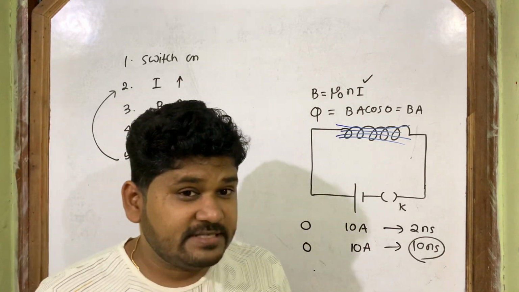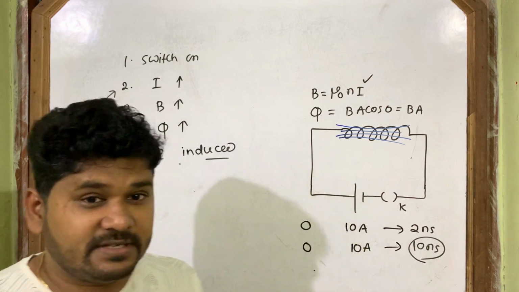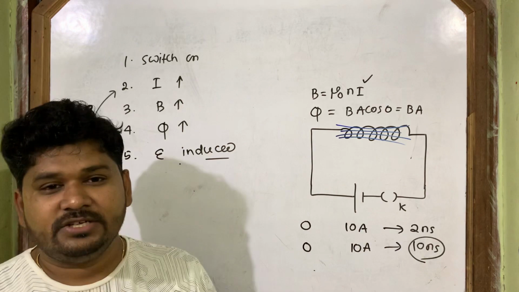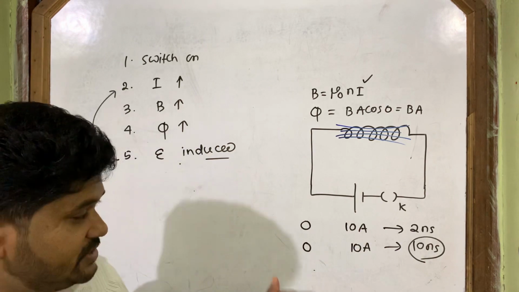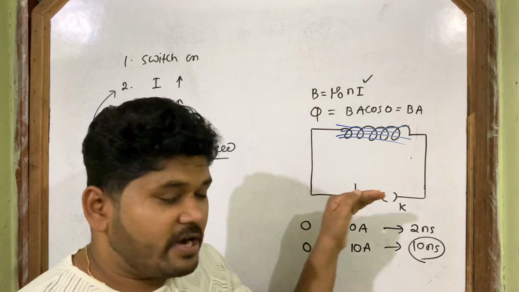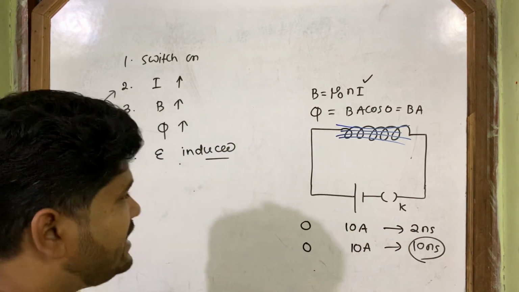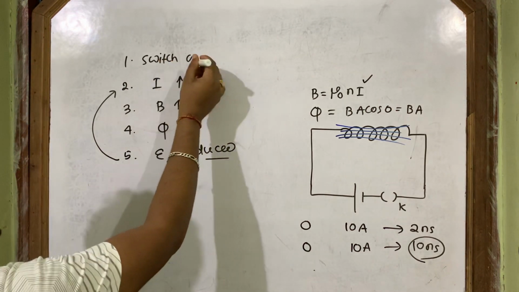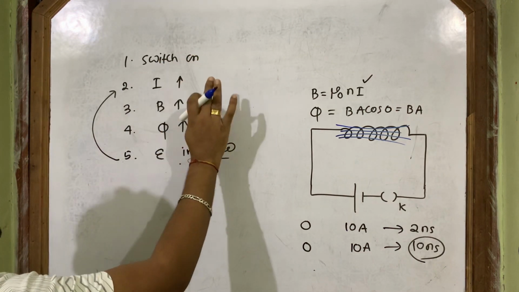So now let's discuss what happens when this current increases from 0 to 10 ampere and becomes constant in the circuit. After some nanosecond, the current becomes constant in the circuit. If current is constant, what will happen? Current is constant after some time of switch on.